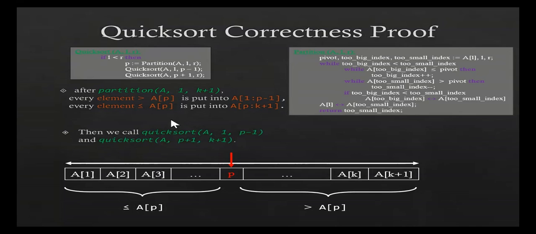So then we can call our quicksort. After partitioning, we perform two quicksorts: one for the elements from 1 to P minus 1, and another for the right side elements, from P plus 1 to K plus 1.